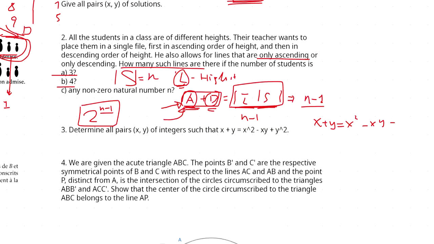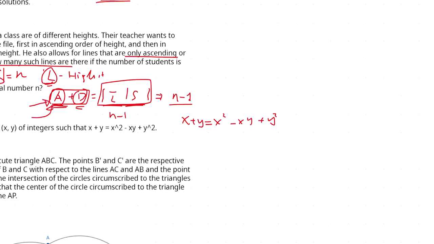We see it is a quadratic equation, right? In terms of x or in terms of y. So let's write it in the standard format of a quadratic equation in terms of x.